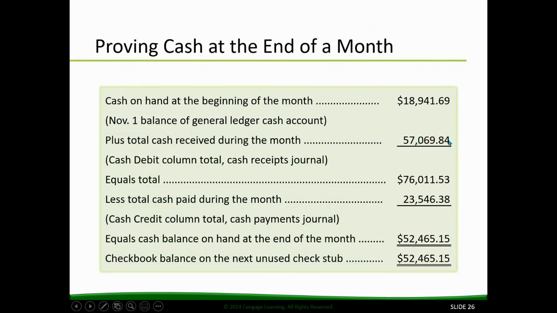So we take that cash received, we add those two together, and then this is the cash credit total on the cash payments journal. This is how much cash we paid during the month, and this is how much cash we have on hand in our cash account. That should match what we have in our check stub. If those two do not match, then we have a mistake somewhere that we need to go back and fix. So we double check and make sure all of our accounts are correct, all of our postings are correct. We go here to make sure that we didn't miss any checks or anything like that.